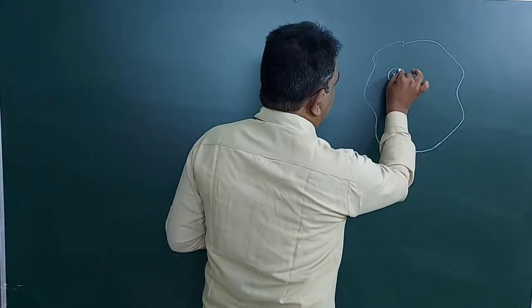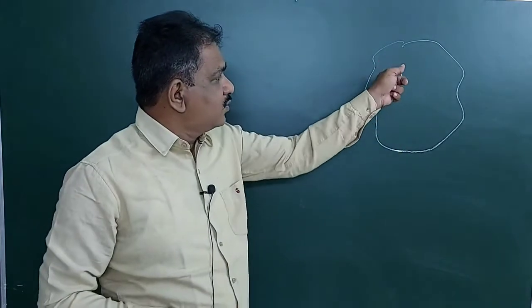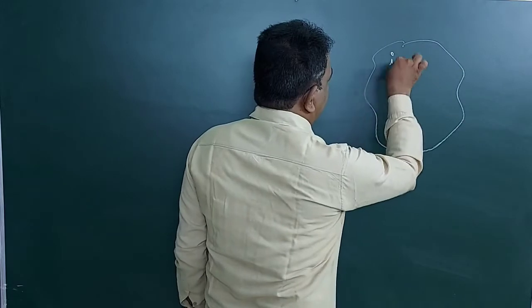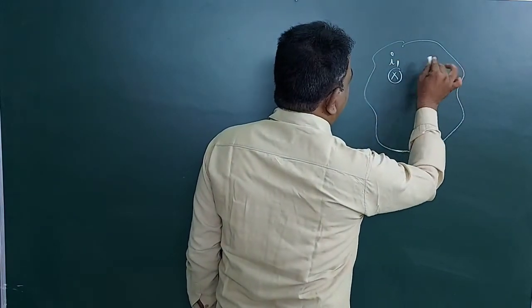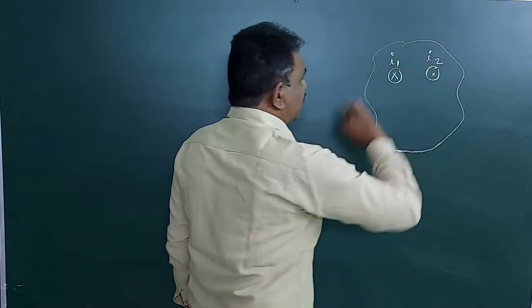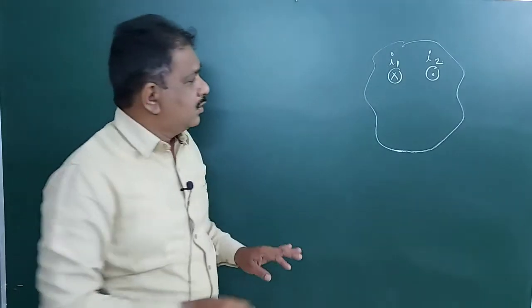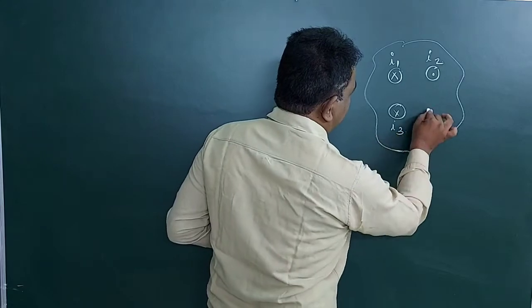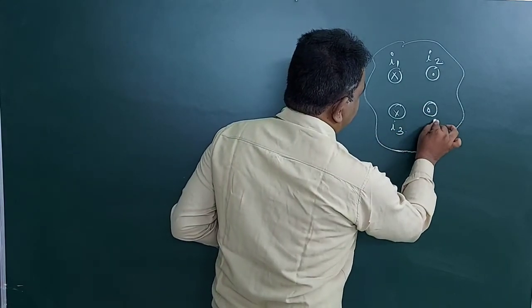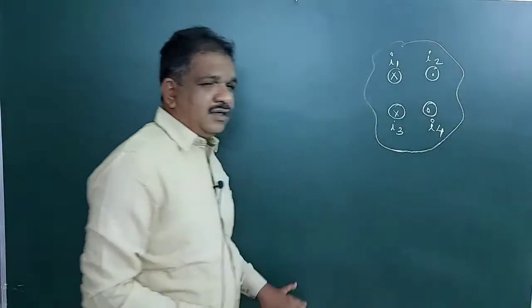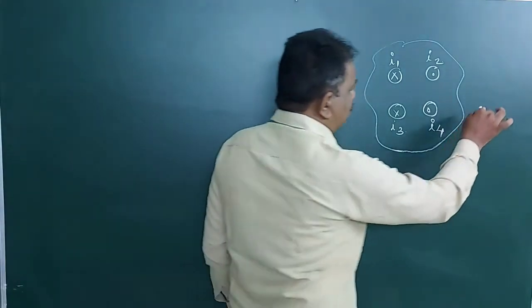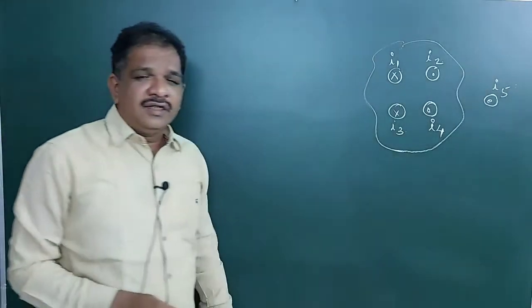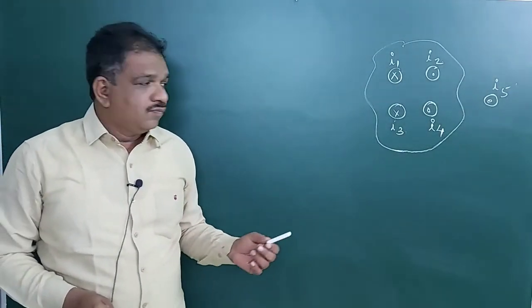Here there is a wire with current going inward, so we indicate it with a cross. This is a wire taking the current outward, and this is a wire taking current inward. This wire is taking current outward. Here one more wire is there, and that current will be I5.